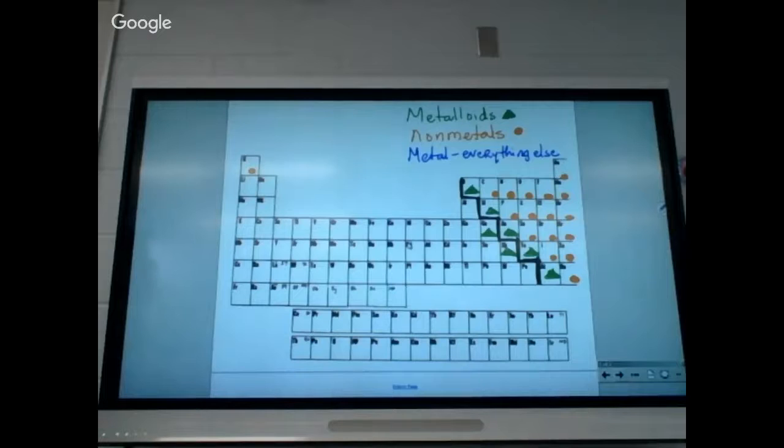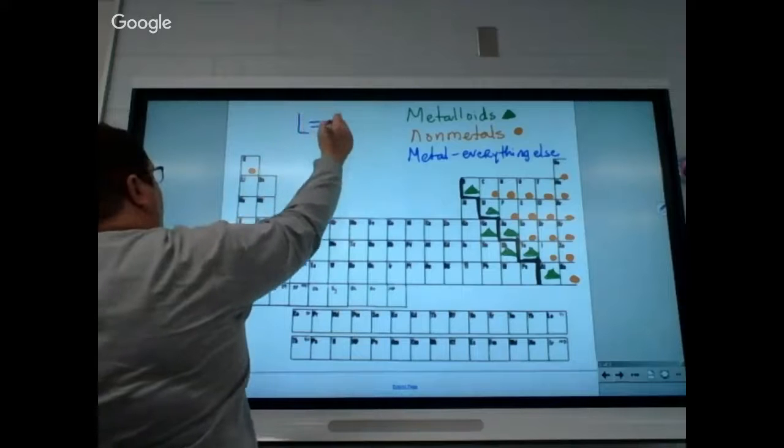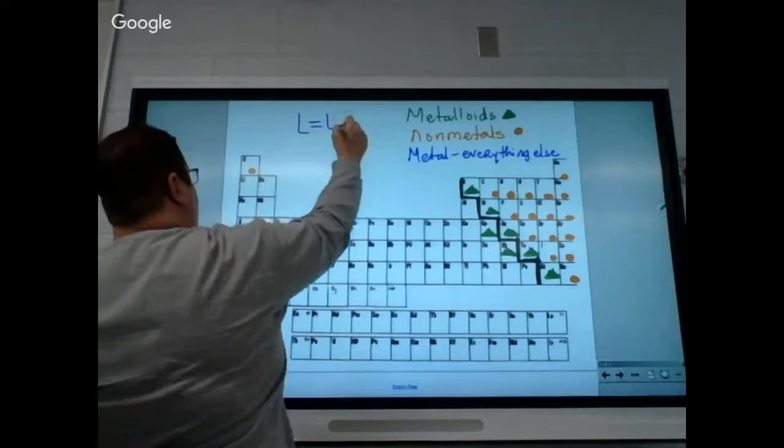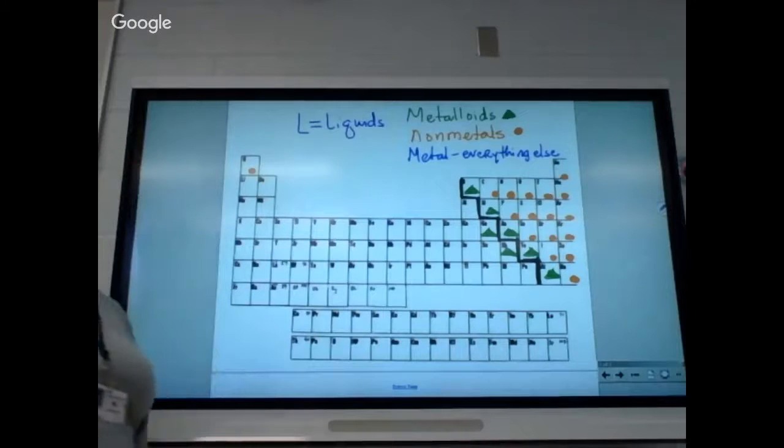Now, you also need to know the states of everything on the periodic table. Solids, liquids, gases. Now, before you all go, that is too much, there are exactly 2 liquids on the periodic table. There are 11 gases. So, what are the 2 liquids on the periodic table?